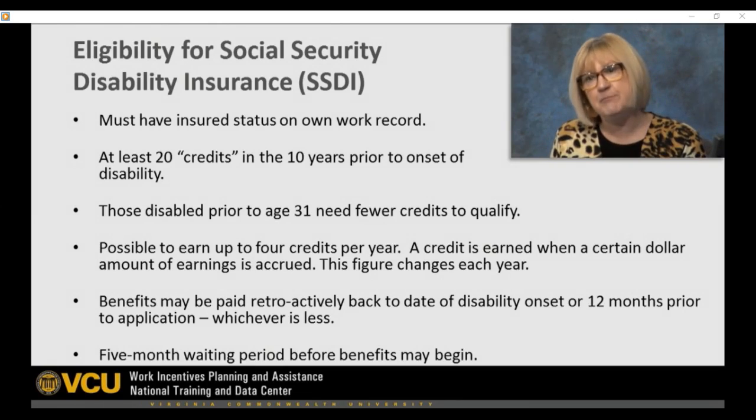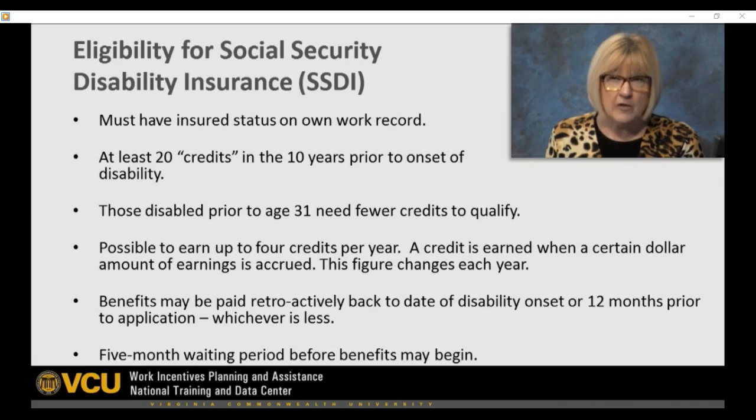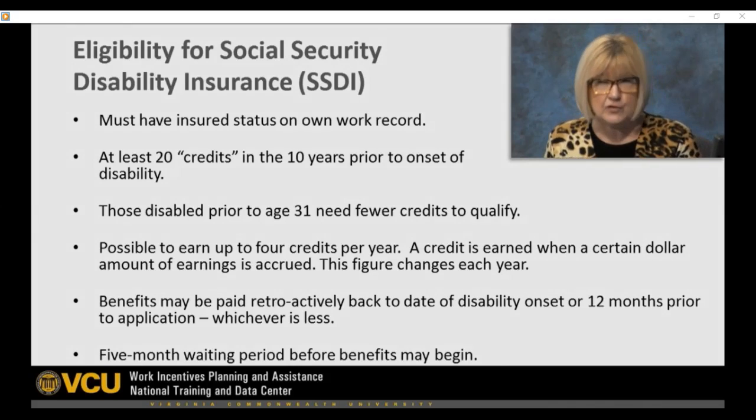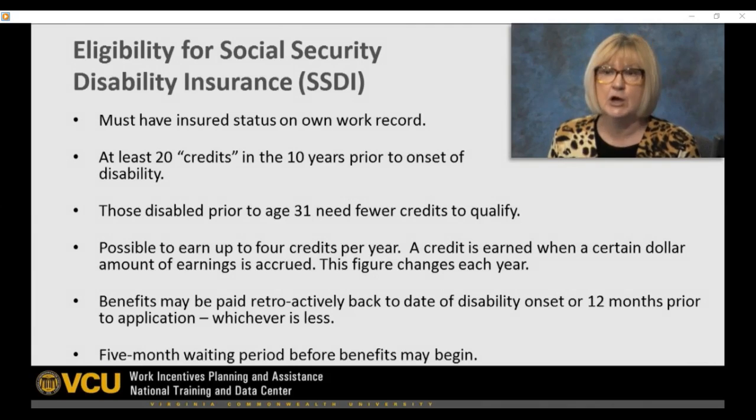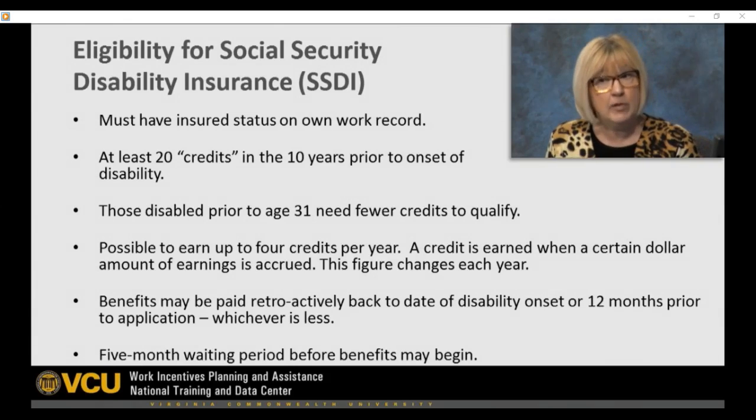Benefits can be paid retroactively in this program, all the way back to the date of what Social Security calls the disability onset, the date on which your benefit met the disability criteria, or 12 months before the date that you applied, whichever is less.